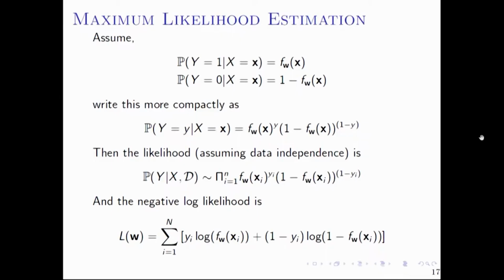And then we'll be maximizing the log likelihood, and therefore we'll be minimizing the negative log likelihood. So maximizing the log likelihood is equal to minimizing the negative log likelihood. And so this is going to be our loss function.